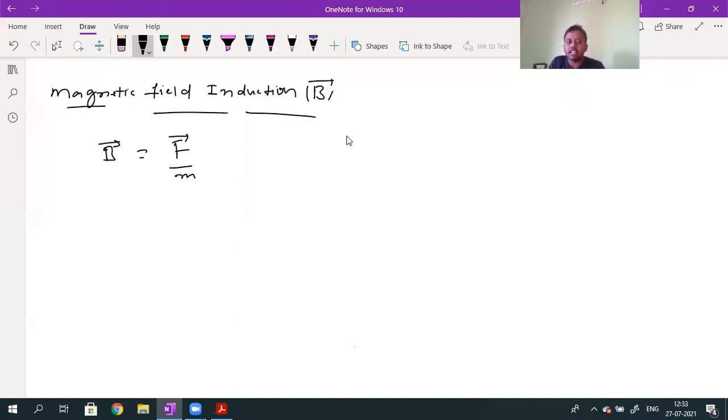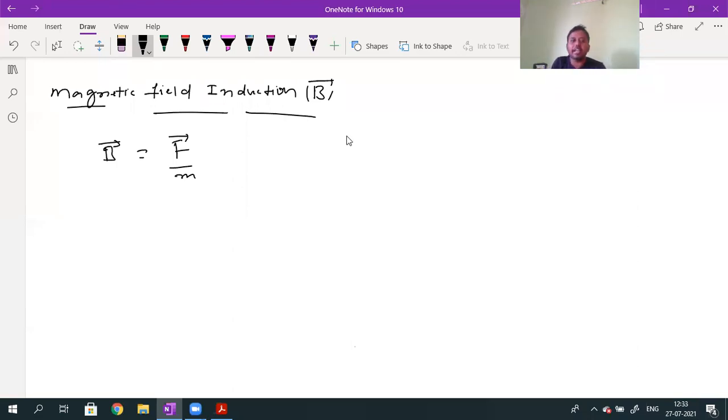If I place a unit north pole inside the magnetic field, the force acting on the unit north pole placed at that point will give you the direction of B bar. B bar is given by F bar divided by m. Regarding the direction, the units, and the dimensional formula, all we have discussed.